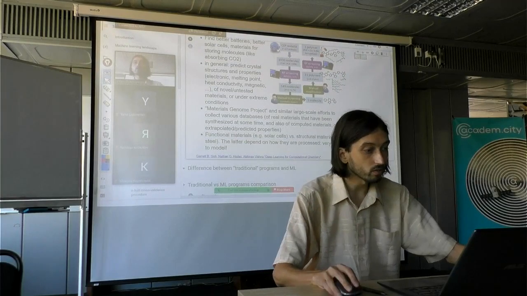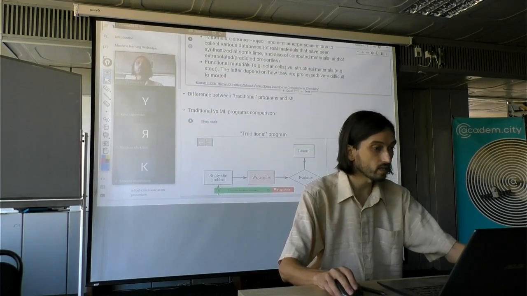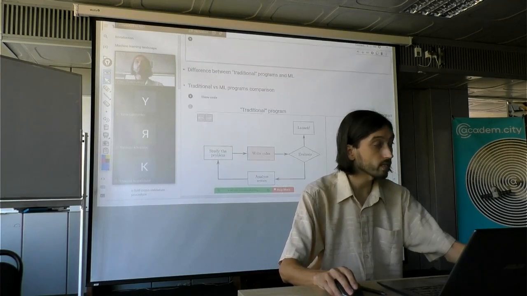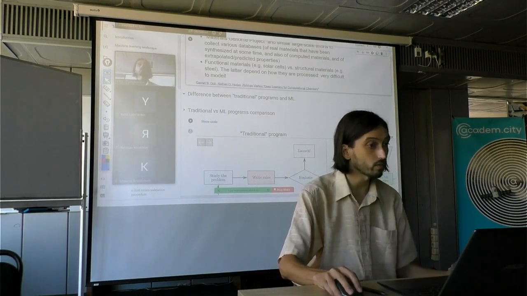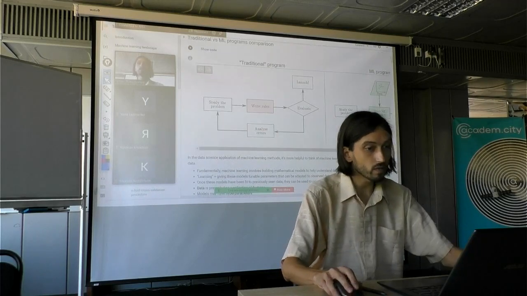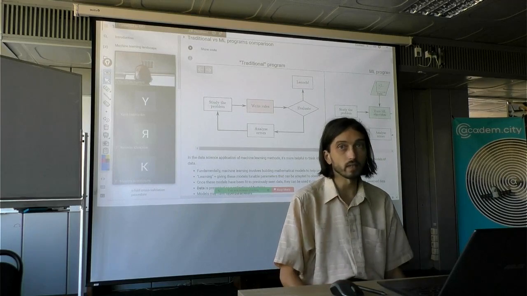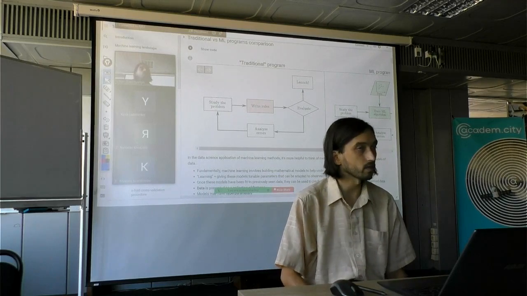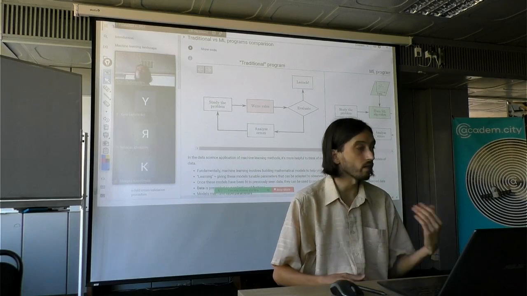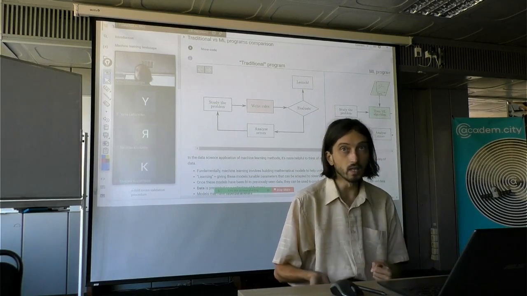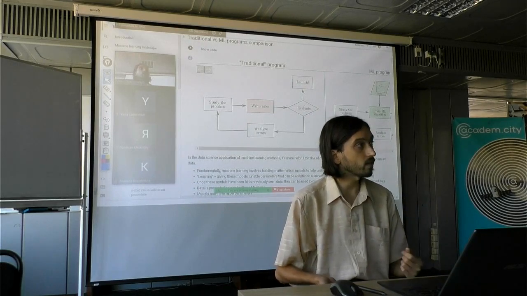Machine learning methods are helpful in these cases, and they can help us get some idea where we should search. Of course, they cannot substitute the whole procedure of experiment and all that physics, physical theories and physical experiments, but at least they can give us some hint.